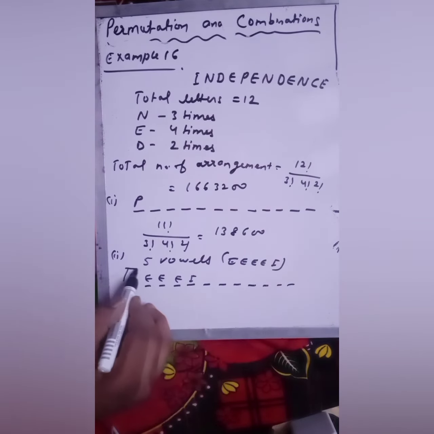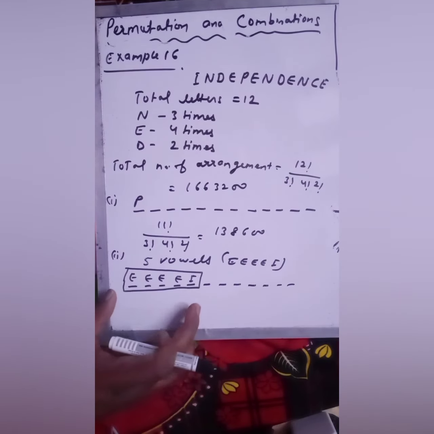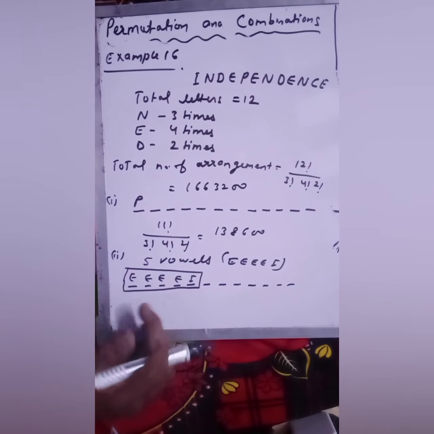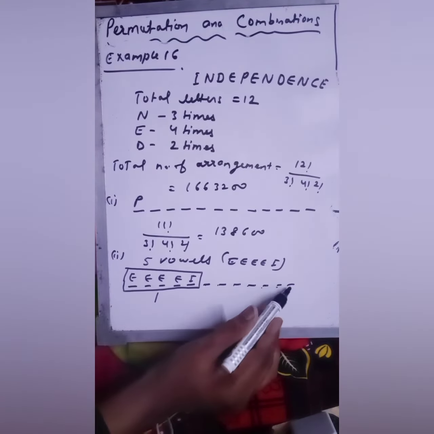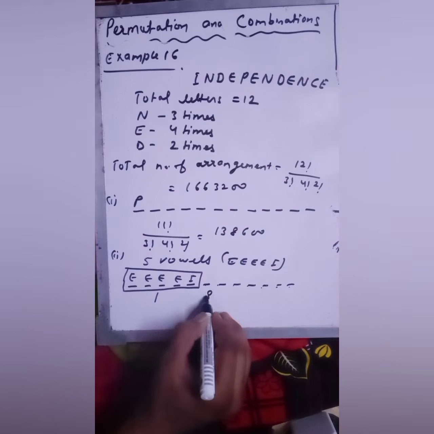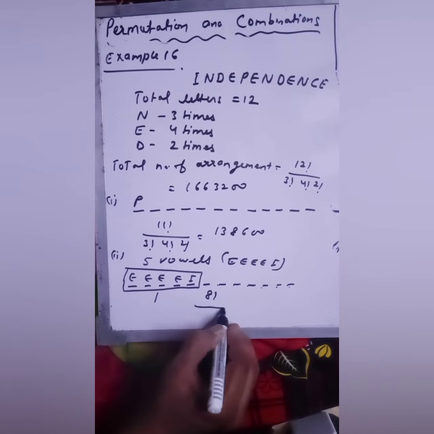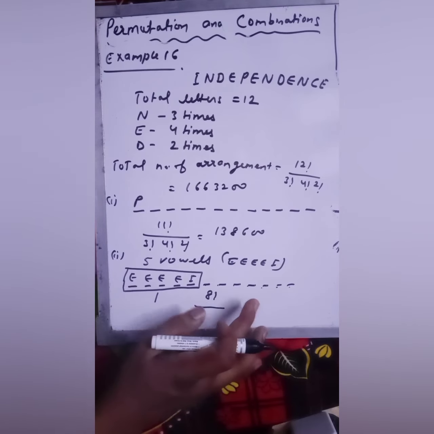So we are considering this as one set, because you don't have a choice in this. So these 5 are considered as 1, and with the remaining 7 there are 8 objects, so there are 8 arrangements you can do. This is 8 factorial over... now you have to check.